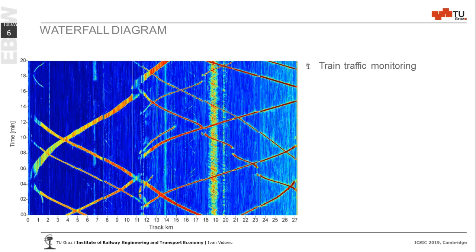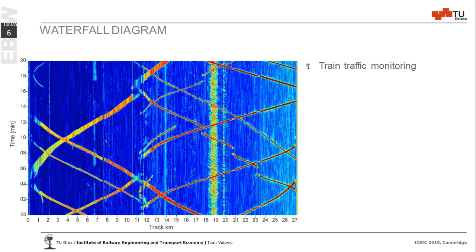So as you can see here, the train travels in this direction, and at this part, the color is yellow. So why is that? Well, we think it's because the train uses the second track. It's a double track, so the intensity of the signal is below the signal when the train uses the first track.